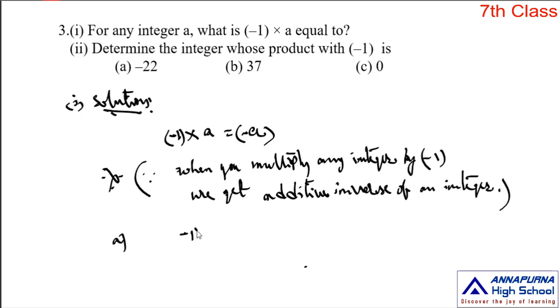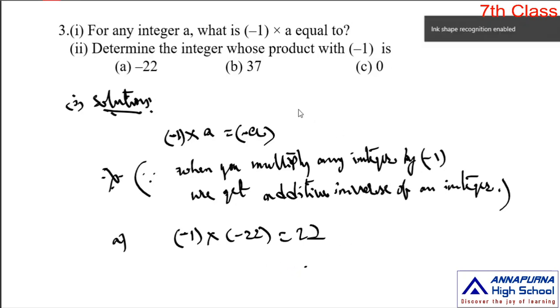Minus 1 into how much will you get minus 22? Minus 1 into minus 22 is equal to plus 22. That's all. So just like that you do the B and C bits, and we know that minus 1 into 0 is equal to 0. B and C are homework.